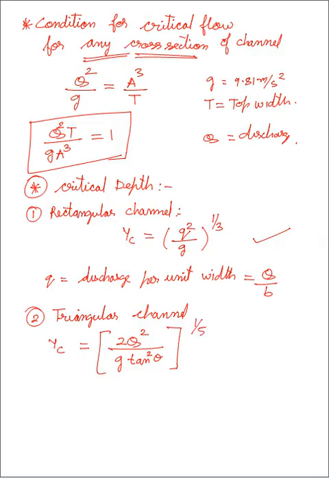Okay, so let me draw the cross section. So the cross section of a triangular section is like this. So this is your water level, and this is your critical depth, YC. So what is theta? Theta is from the center line. This is your theta.